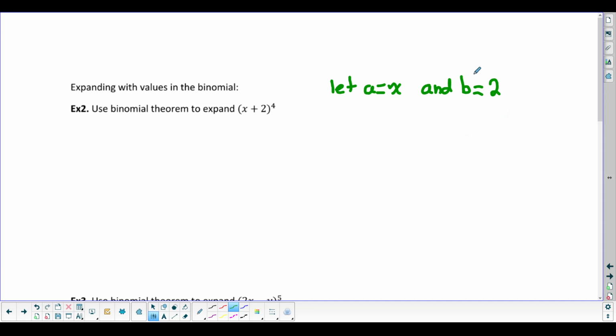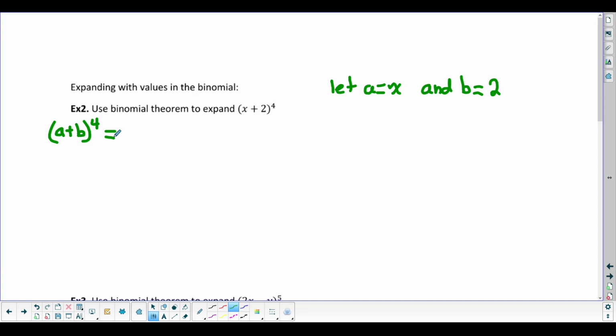This is a thing we do in mathematics as a kind of temporary substitution. And this one's not too complex. We'll do some more complex ones a bit later. But it allows us to rewrite this in new terms. So now we can write out a plus b to the power of 4.